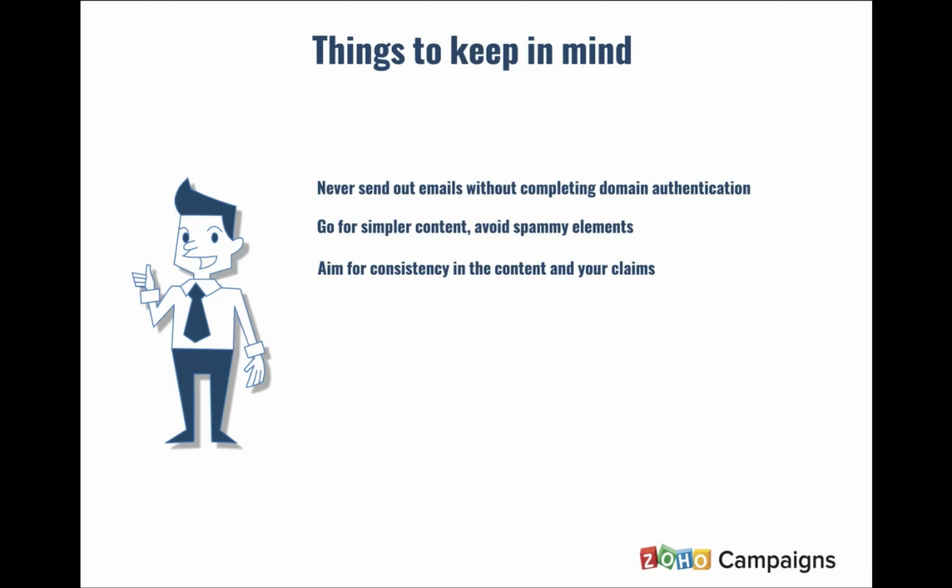That somehow doesn't work well. Your email recipients will never trust you if you are not giving email content which is as per the claims made in the subject line and the pre-header.